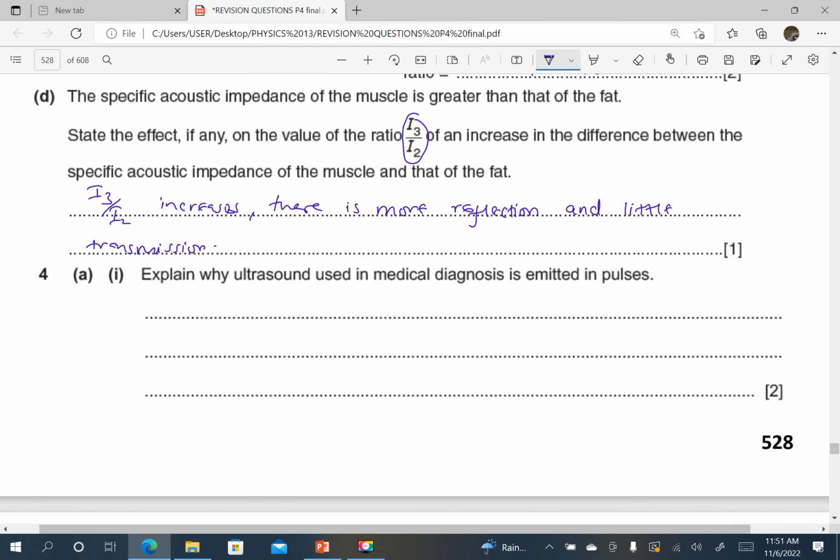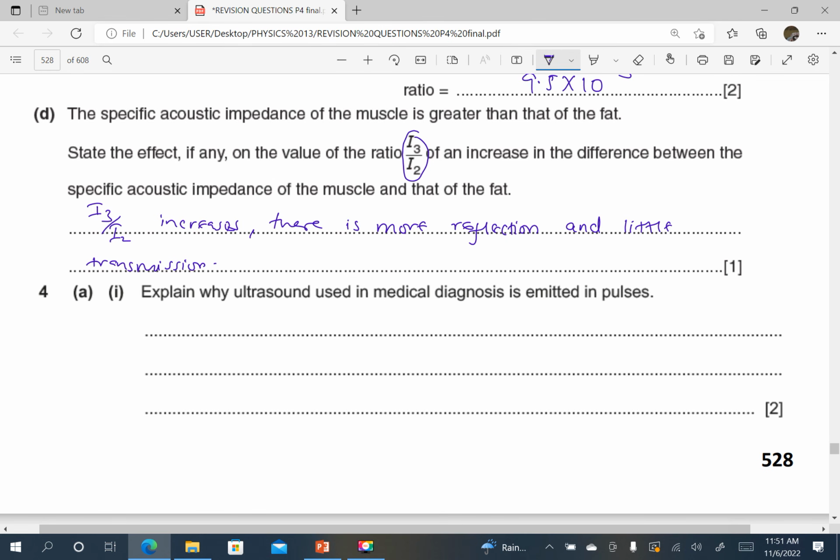Explain why ultrasound used in medical diagnosis is emitted in pulses. Right, now we know why pulses. The same transducer emits and detects ultrasound. It can't do this at the same time.